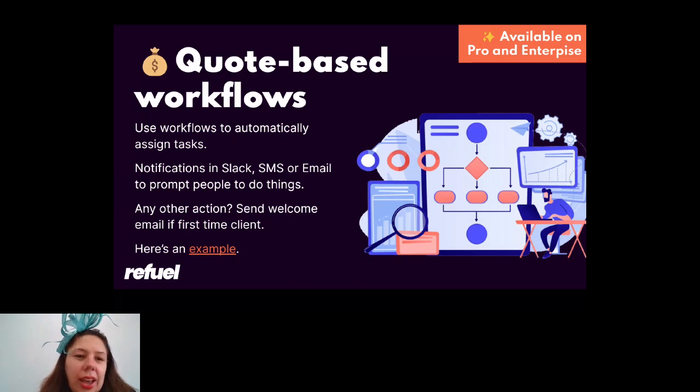You equally can add SMS or email notifications if that's how your team better responds to notifications. The other thing you can do, because it's sitting in a workflow, if you've got a paid marketing tier attached to your HubSpot, is automate sending out that first welcome or onboarding email.